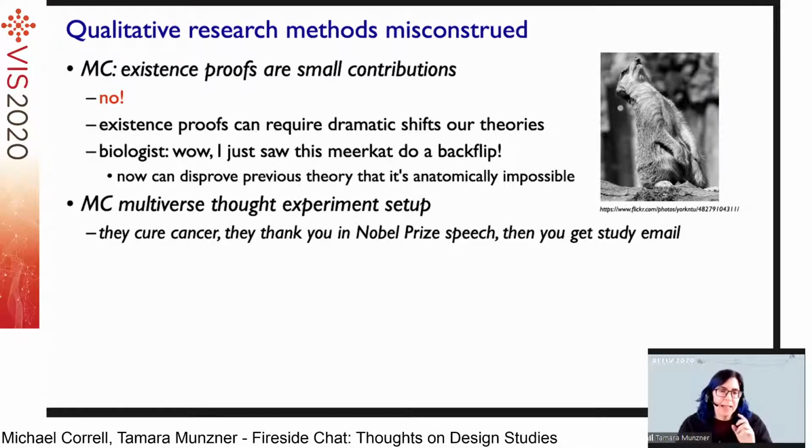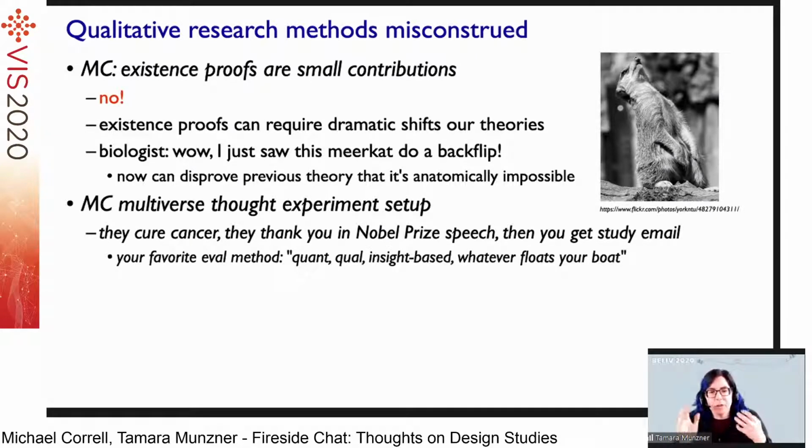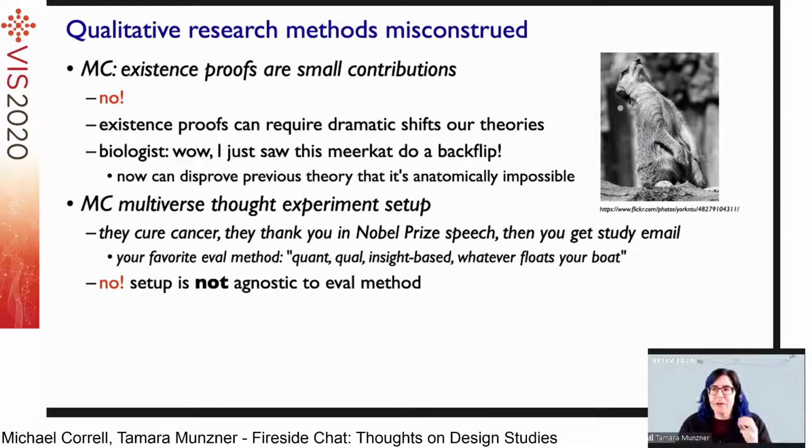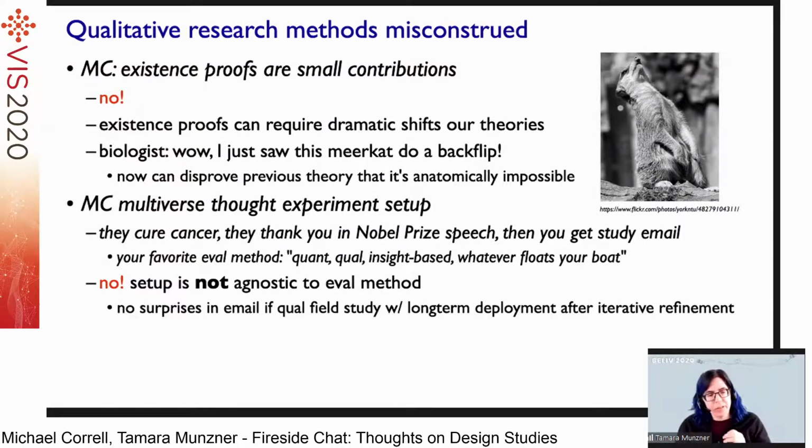But this premise that they cure cancer and they say thank you in their Nobel Prize speech to you, and then you get the study email and you're on tenterhooks because you don't know the results of the study, your favorite eval method, whether quant or qual or insight-based, whatever floats your boat. But that setup is not agnostic to your evaluation method.